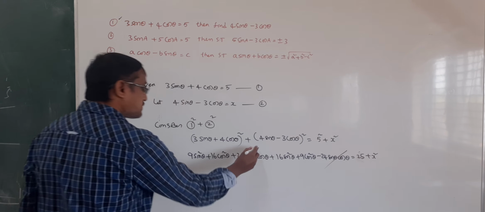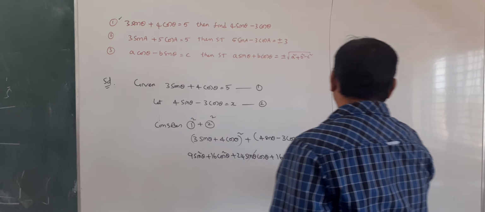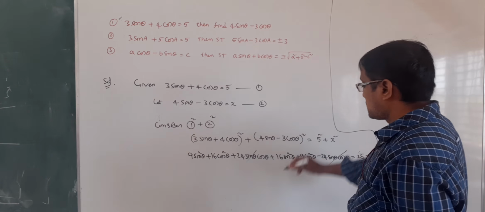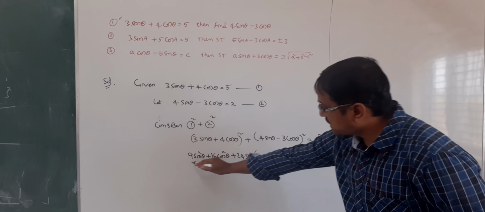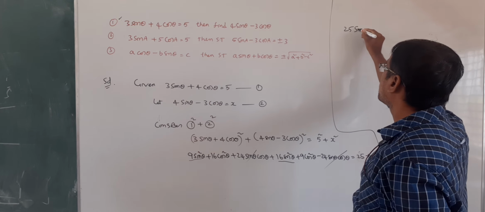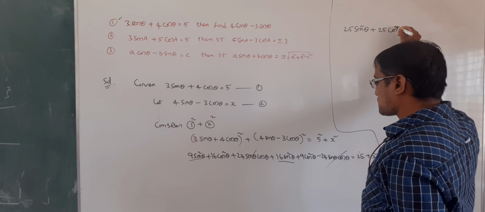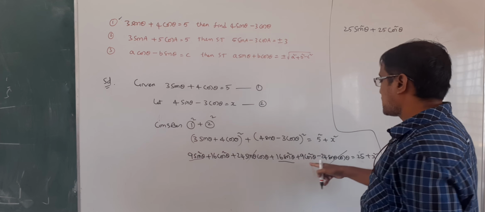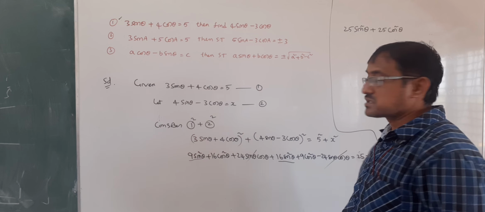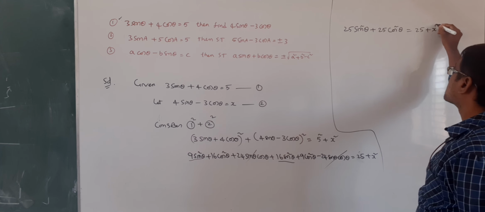So these two terms will be cancelled. Now you have 16 sin square theta plus 9 sin square theta, so it will be 25 sin square theta, plus 9 cos square theta plus 16 cos square theta, that is 25 cos square theta, equal to 25 plus x square.